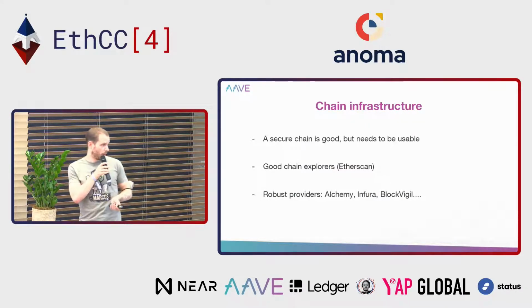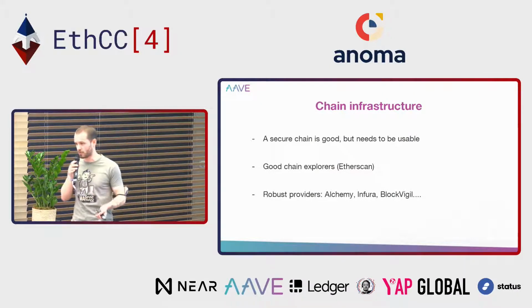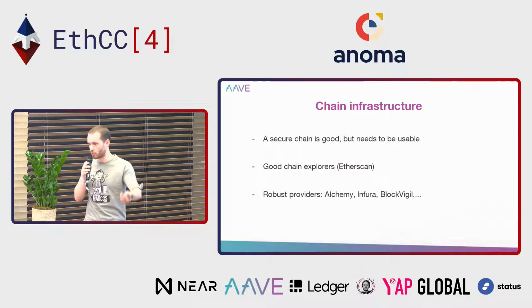Explorers are also a really important point, because even if it looks like, and it is the case, that the chain will just work without explorers, at the end of the day there will be some problems and people will need to actually go to the explorer, maybe do some operation, and especially for visibility of smart contracts.